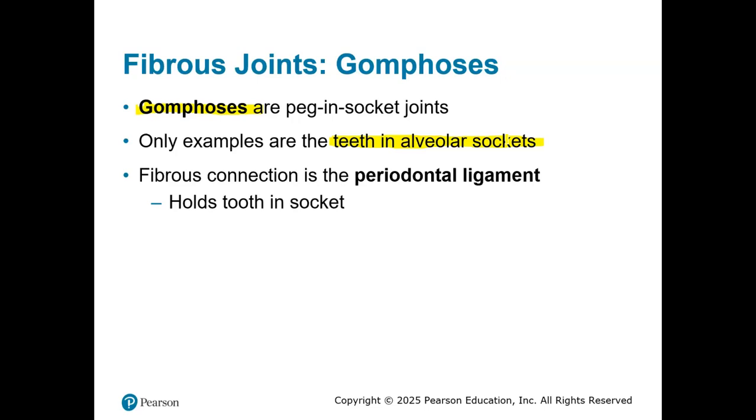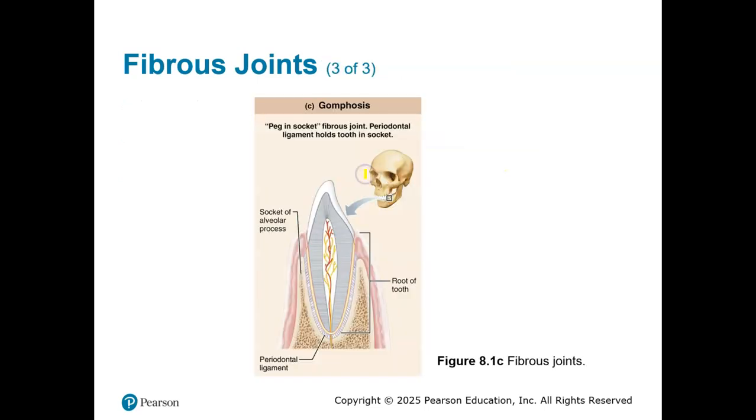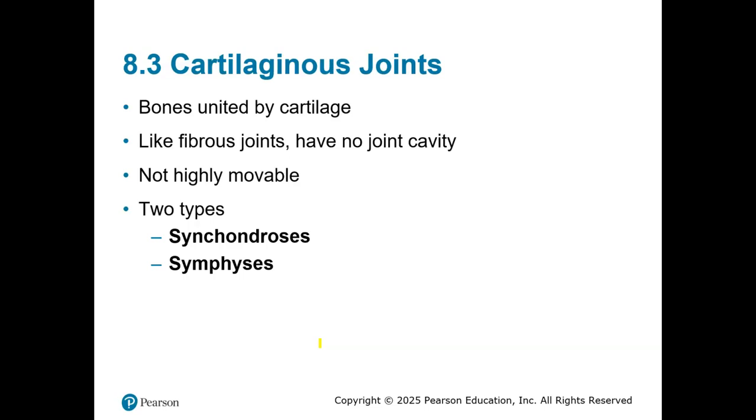Those are gomphoses, and the connection between the tooth and the socket is the periodontal ligament. So this is what a gomphosis looks like. It's the tooth sitting in the socket, and this whole structure that's white and has these bands is the periodontal ligament that holds the tooth into the socket. So that is the gomphosis, which is a fibrous joint.